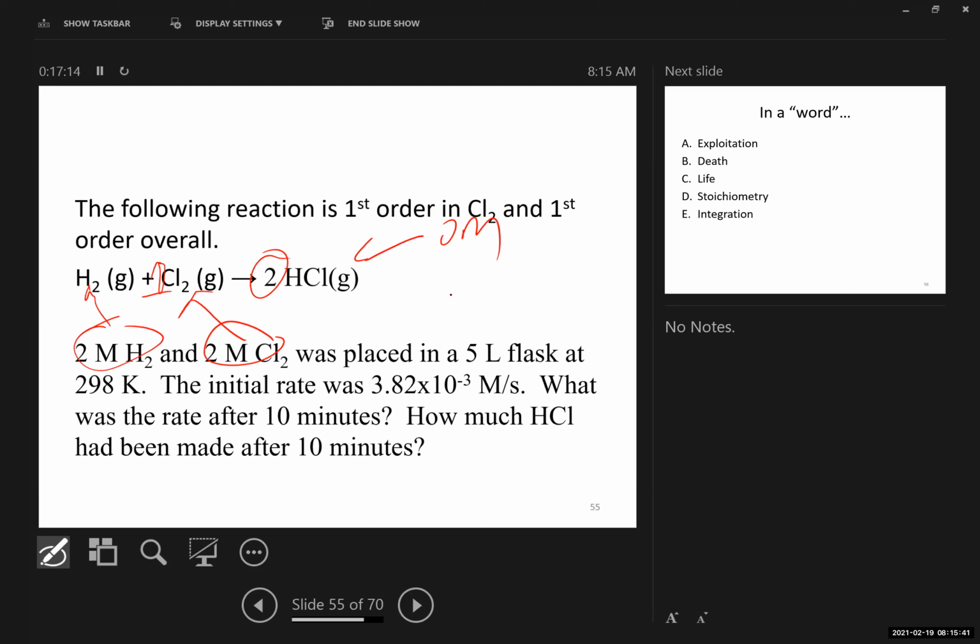Initially, that's 0, but 10 minutes later, it's not 0. And so the 3 amounts that are always present in any reaction are really the initial amounts, the final amounts, and the amount that actually reacted, which is the difference between the initial and final amounts.